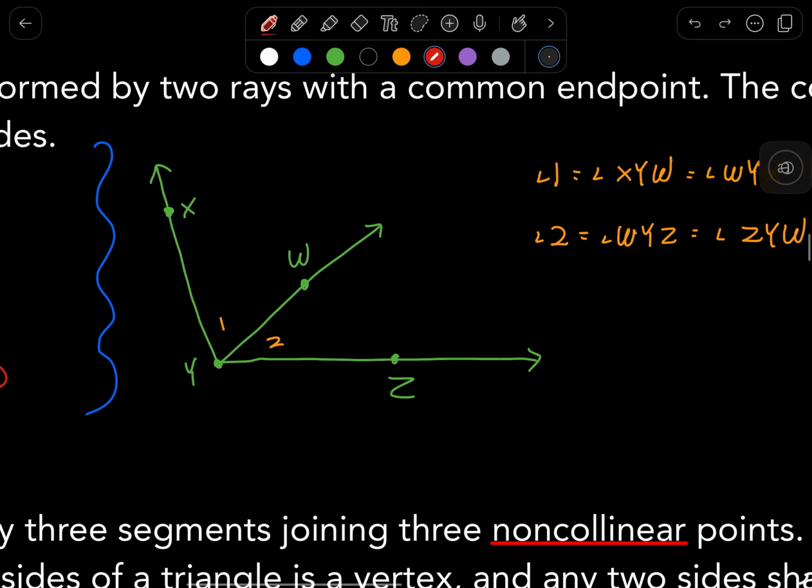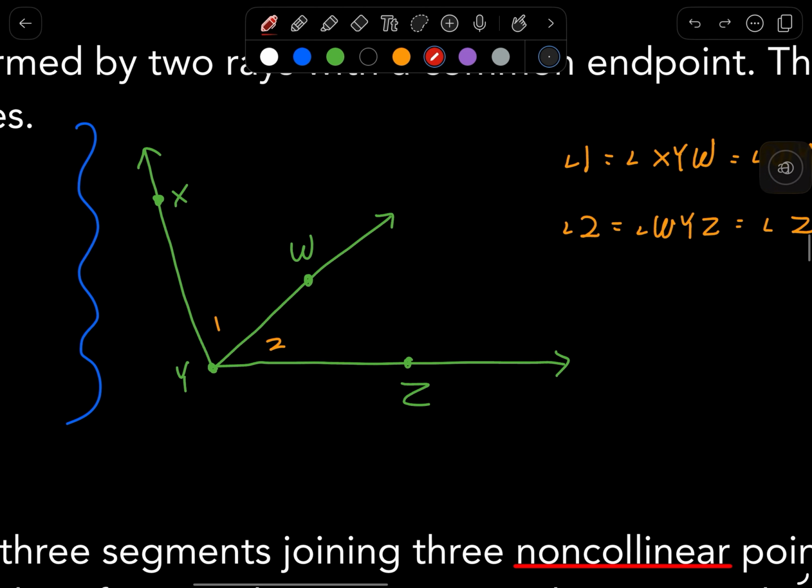The reason why I don't want you to say that angle 1 here is angle Y, or angle 2 here is angle Y, is because if you write down angle Y, you don't know if that's referring to angle 1 or angle 2. It could be either.